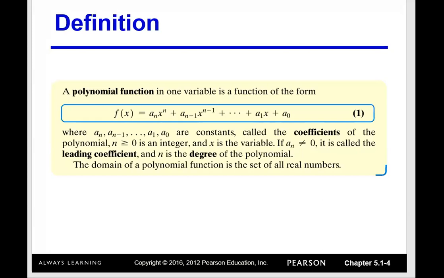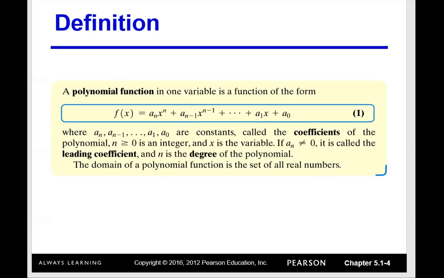So it can't be a fraction or a decimal. It has to be an integer. And it has to be positive. So greater than or equal to 0 means it's positive. x is the variable. And then they're saying that a sub n cannot be 0 because then you wouldn't have a variable at all, because 0 times x would be 0.